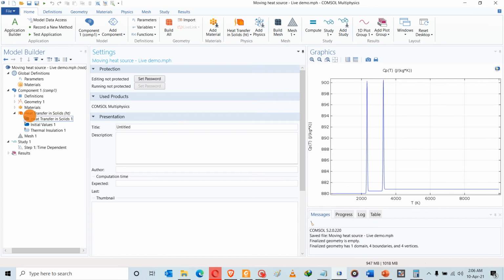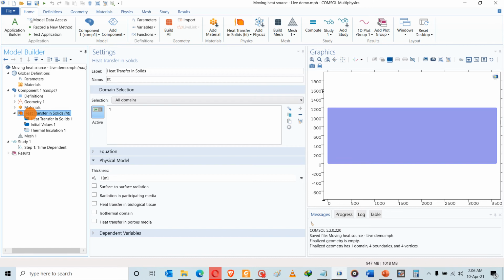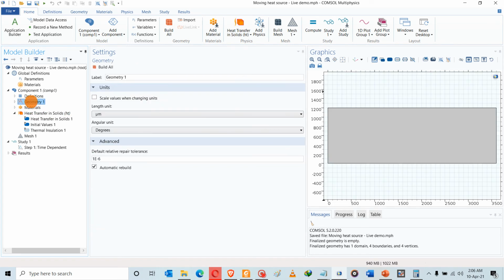Next, we're at the heat transfer node. So what we want here, let me go back to geometry. We are going to say the laser beam is moving along this top surface, meaning we insert an inward heat flux here.